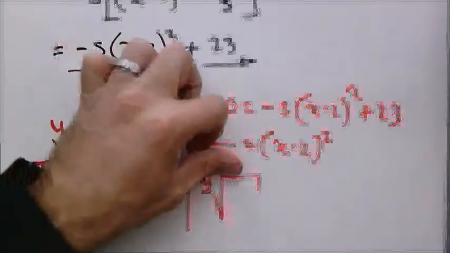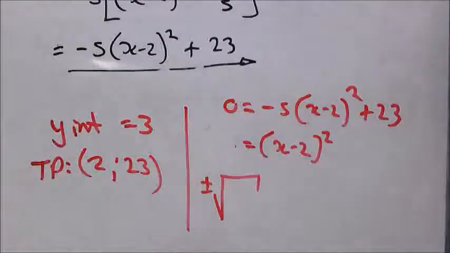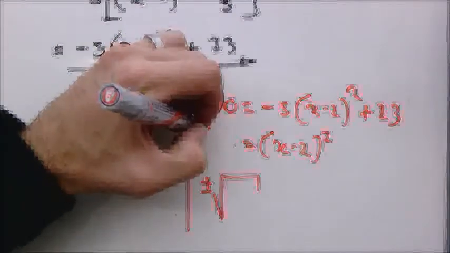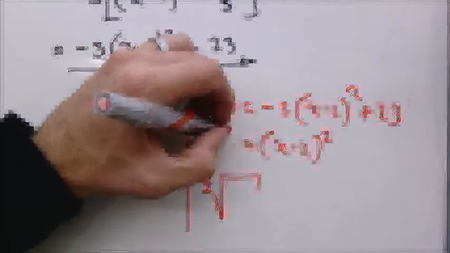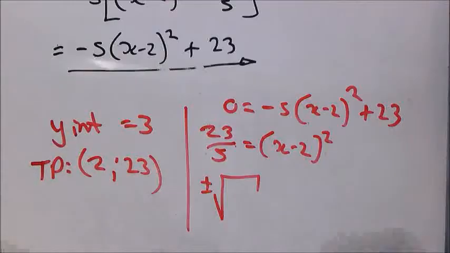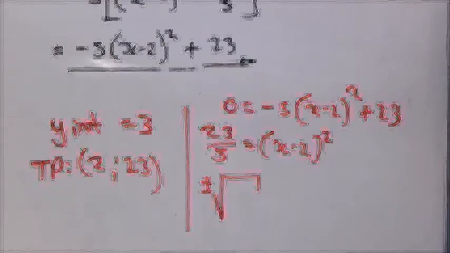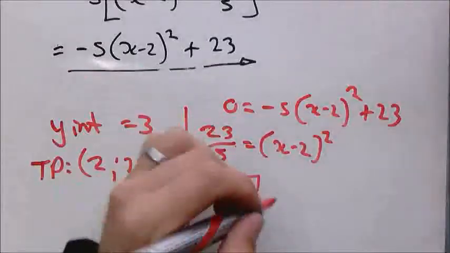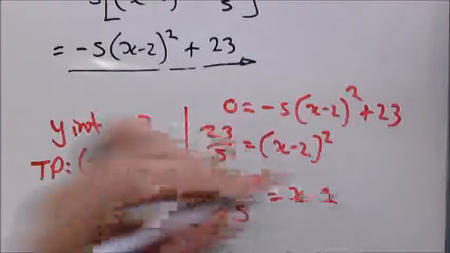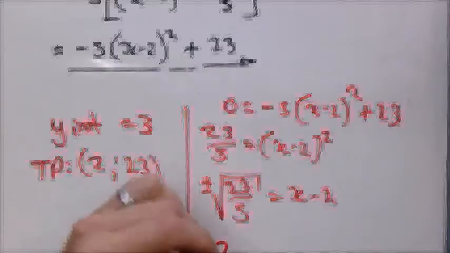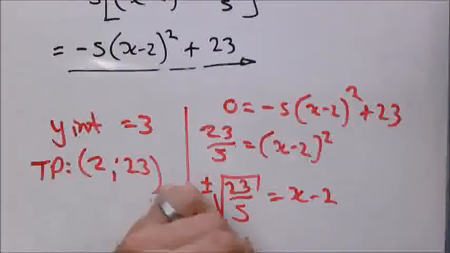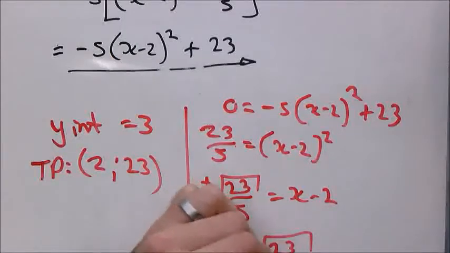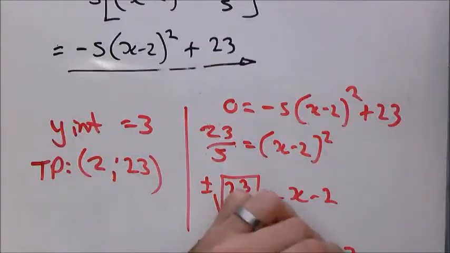This is the other way around. My apologies. It's 23 over 5. It was a negative 23 divided by a negative 5. So 23 over 5 equals x minus 2. So therefore 2 plus minus square root of 23 over 5 is equal to x.